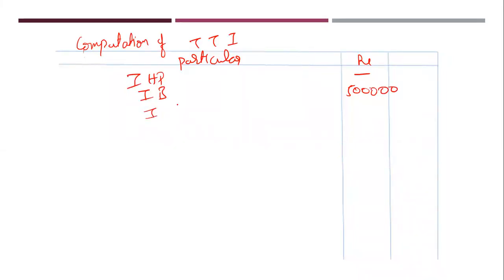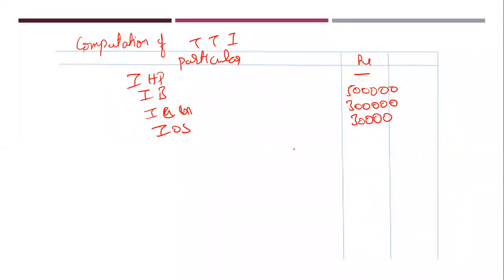Next is income from capital gain. How much? 3 lakhs. It is also given directly. And next is income from other source. We have only one, that is income from crossword puzzle. In simple terms, any income which doesn't fall under the previous heads of income is called income from other source. So that is 30,000.